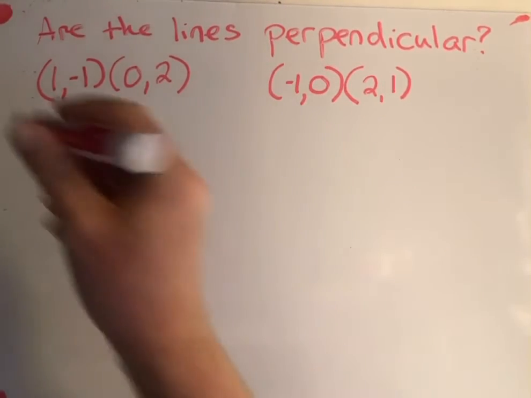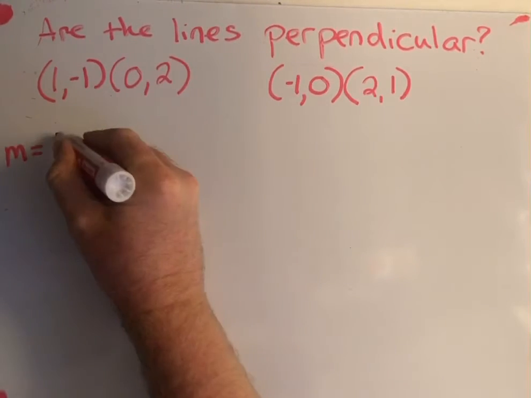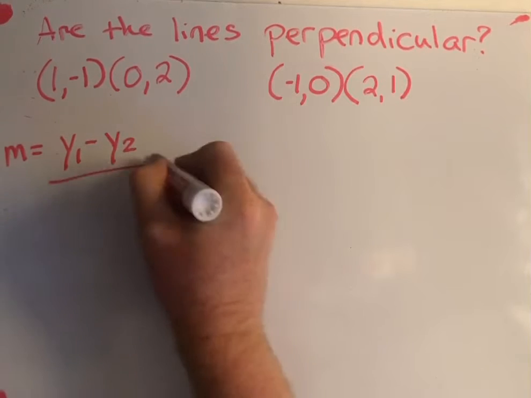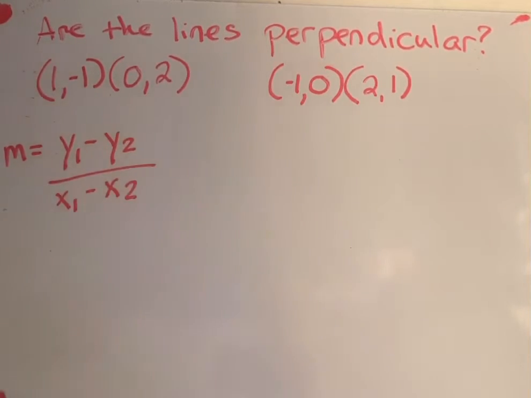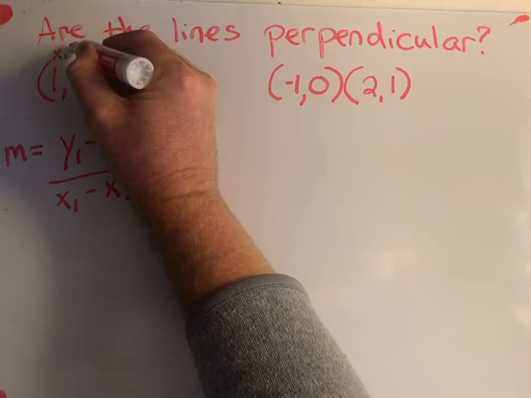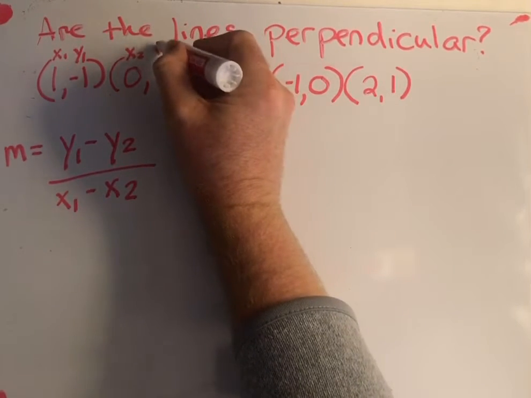All right, let's be reminded that the slope, represented by m, is y1 minus y2 over x1 minus x2. And this is x1, this is y1, this is x2, and this is y2.